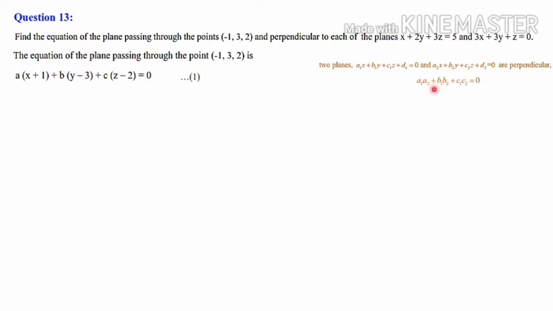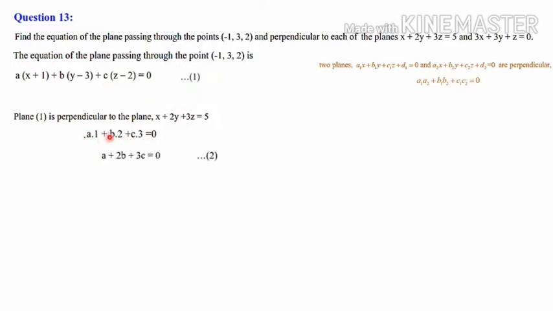So by using this statement we can write that plane 1 is perpendicular to the plane x plus 2y plus 3z is equal to 5, the first plane. So these two are perpendicular, as given to us. So we can use this condition. Here the direction ratio of the normal is a, b, c, and here the direction ratio of the normal is 1, 2, 3. So a into 1 plus b into 2 plus c into 3 is equal to 0. Let's rearrange it.